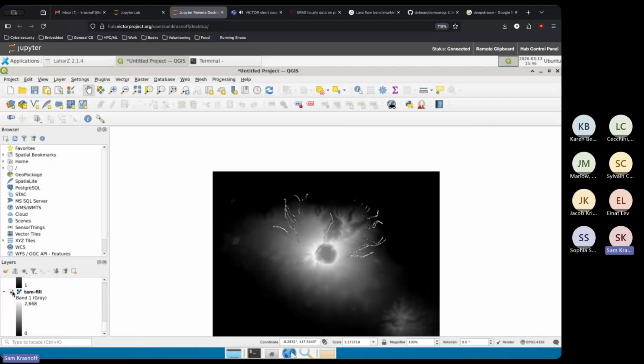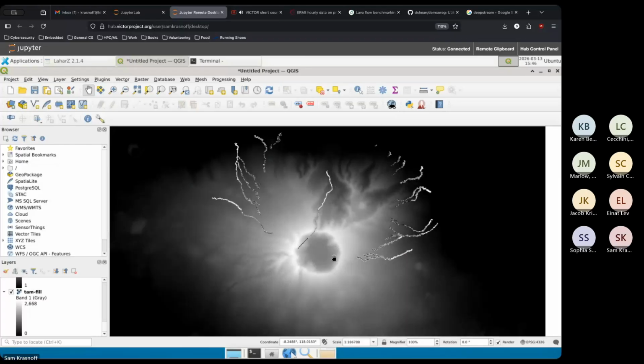It's possible this might be shifted, but this is definitely a much better example of what your output could look like.